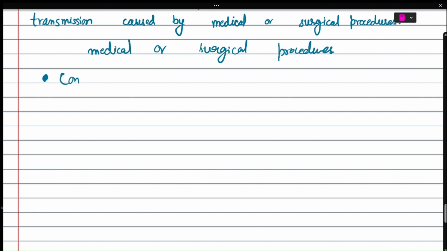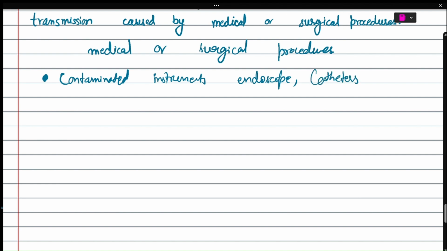It happens due to contaminated instruments, for example an endoscope handled by a medical person.